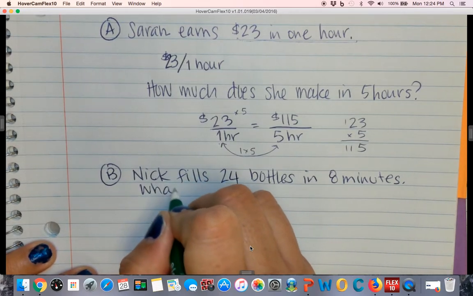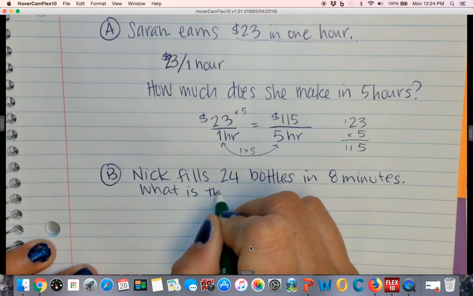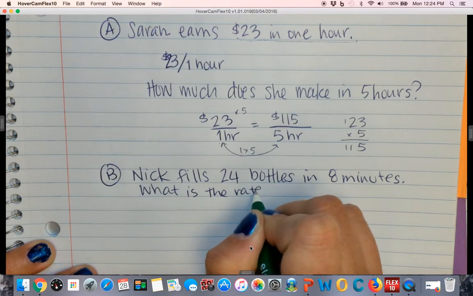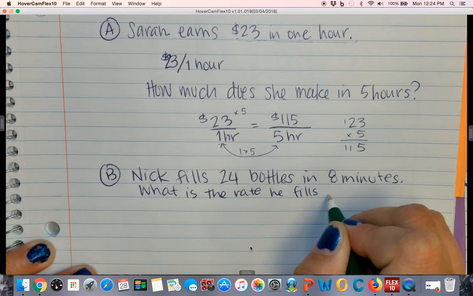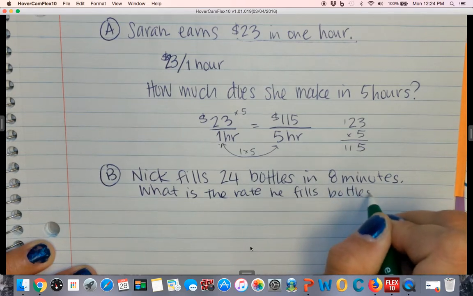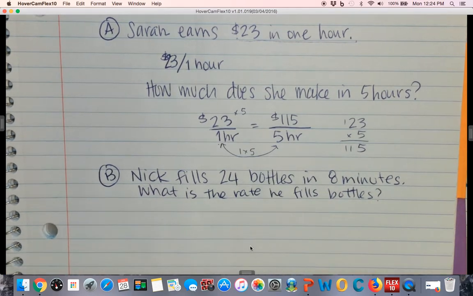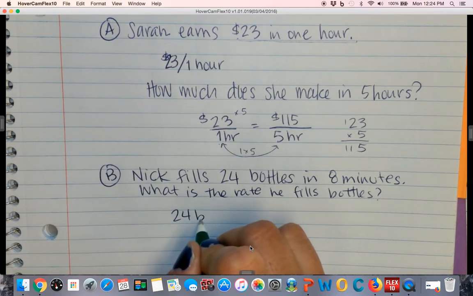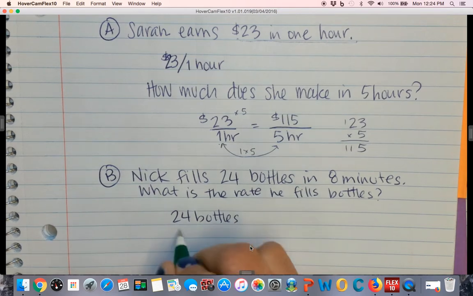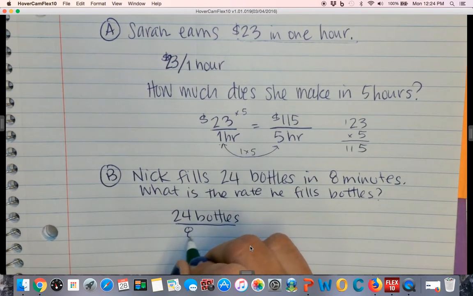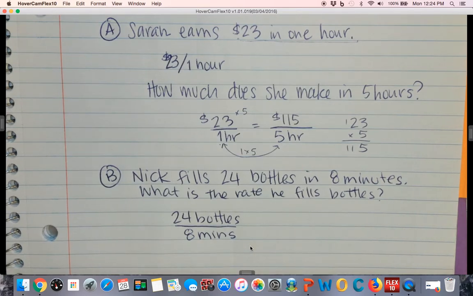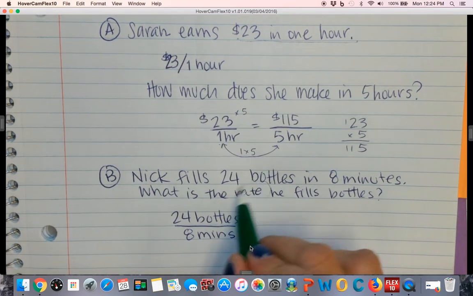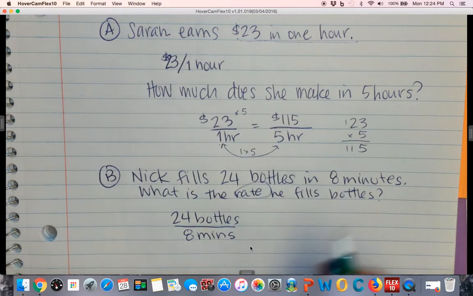What is the rate he fills bottles? So this guy's putting water into bottles. So he does 24 bottles in 8 minutes. The question wants to know, what's his rate? What's his unit rate?